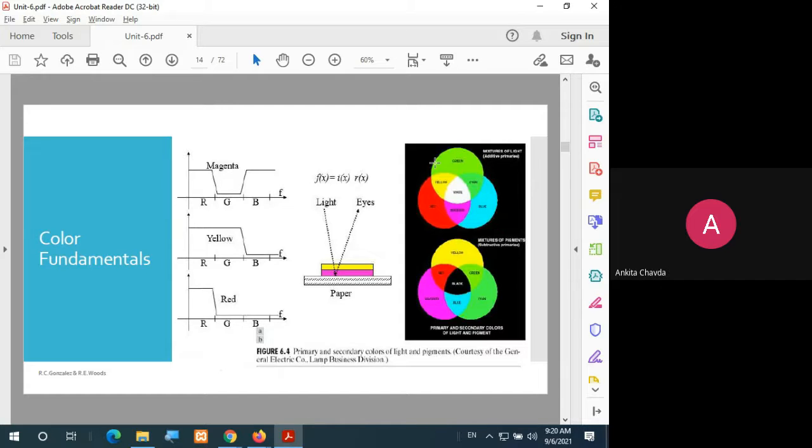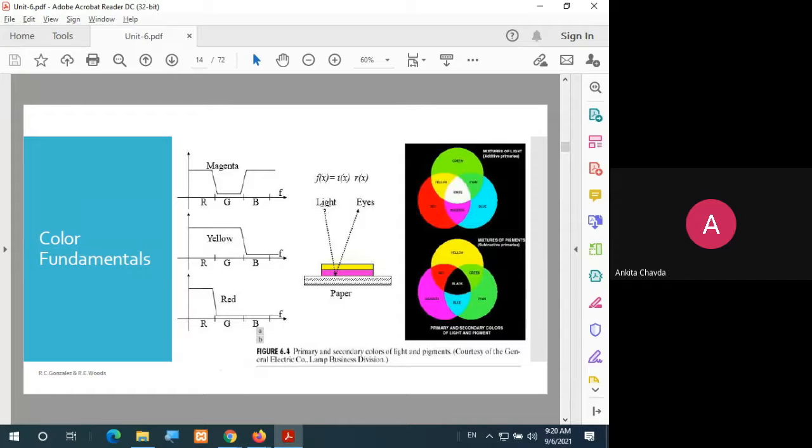Red plus green. Red and green are both on, blue is off. Same way, for pure red, only red will be there, green and blue off. Same way for green, red off, only green on, blue off. They are the pure colors, right? Same way you can draw for all the colors.